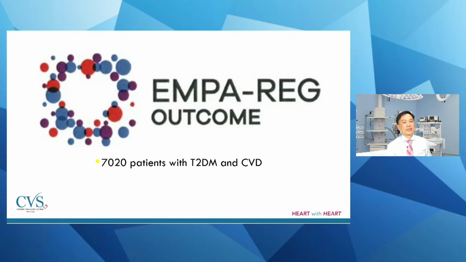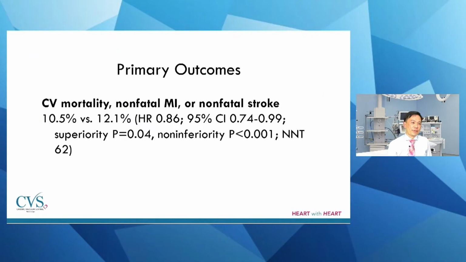Therefore, all new anti-diabetes agents had to show a cardiovascular safety trial. So this trial was announced in 2015, and it showed that with the combined primary endpoint of cardiovascular mortality, non-fatal myocardial infarction, and non-fatal stroke, there was a beneficial effect.